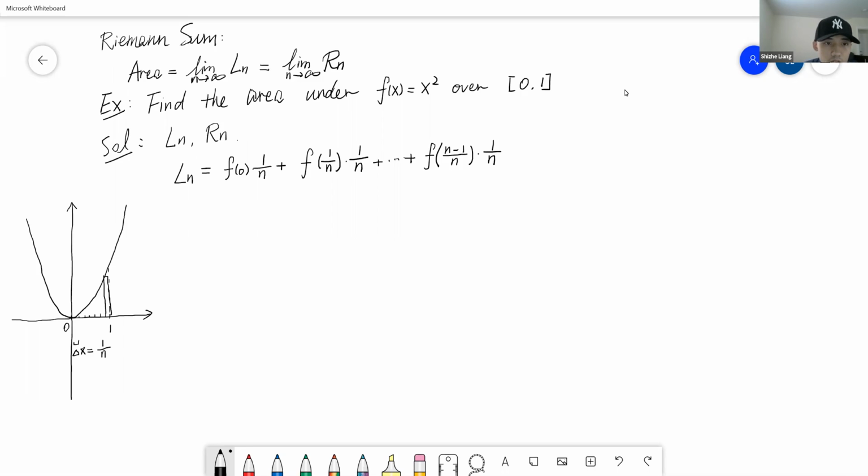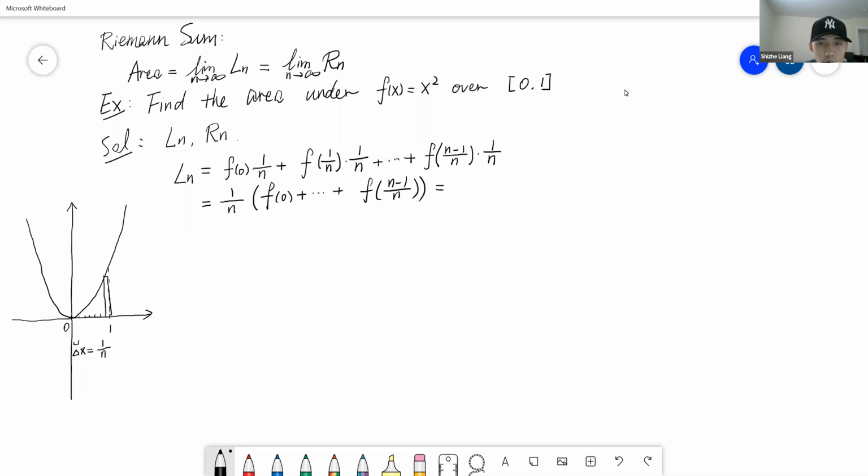Clearly we can just take out the 1 over n, and what we got is the sum from f(0) to f((n minus 1) over n).